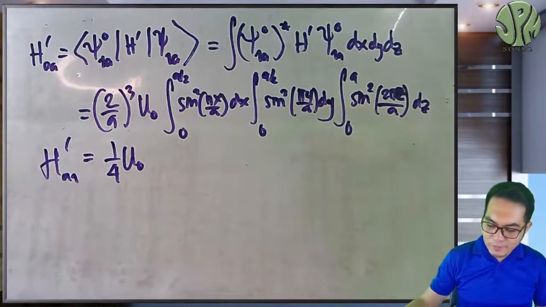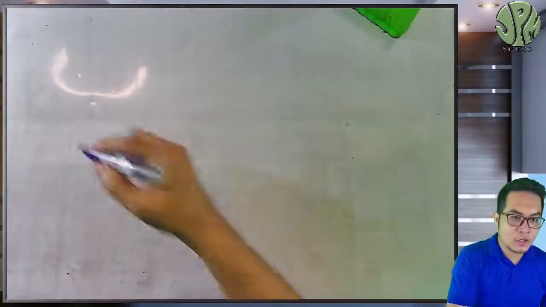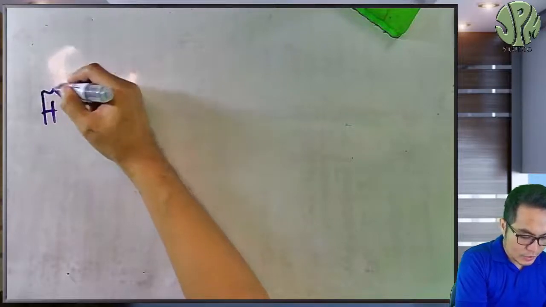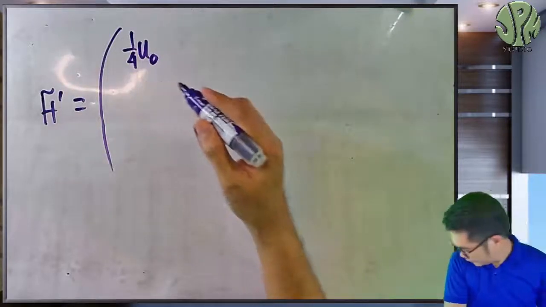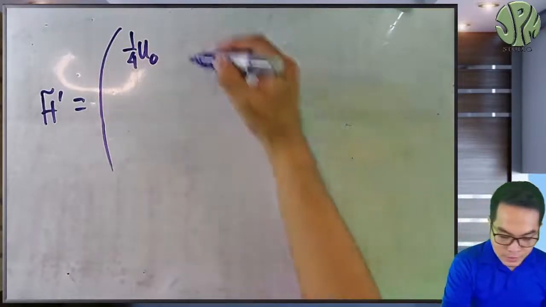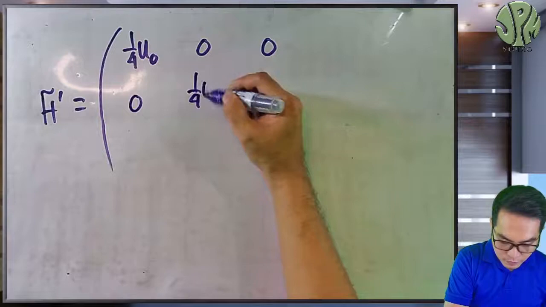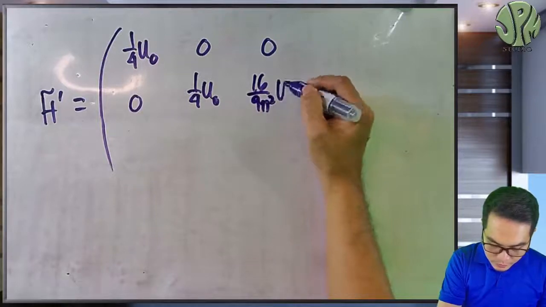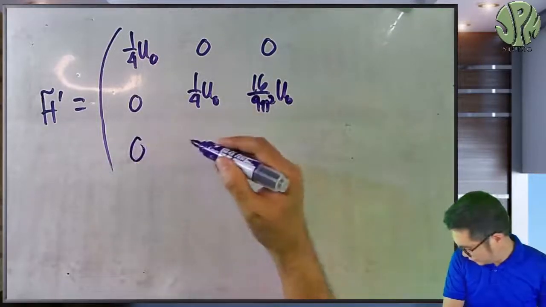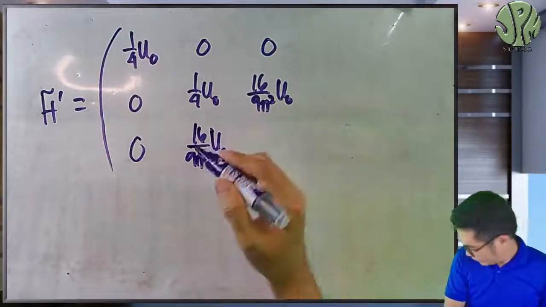So I will leave the rest of the elements to you, and you should get this matrix. Your perturbation matrix H prime will look like this. H11 is 1/4 unit, and then 0, 0. So there are many 0 terms. So 0, 1/4 unit, 16 over 9 pi squared unit, and then 0, 16 over 9 pi squared unit, then 1/4 unit.